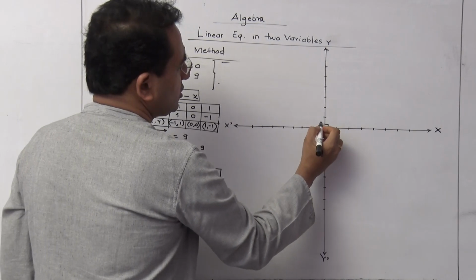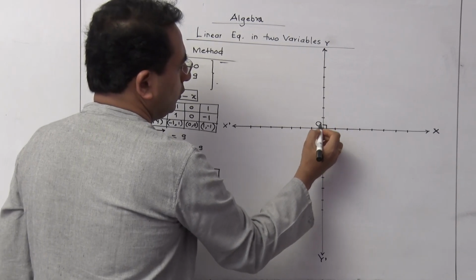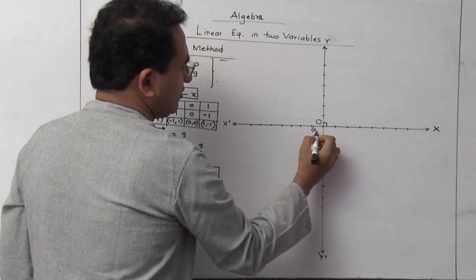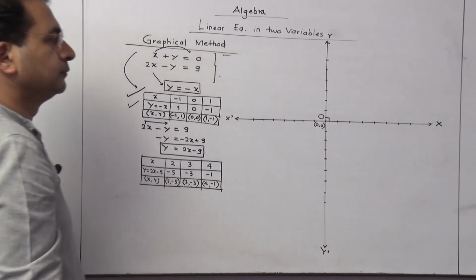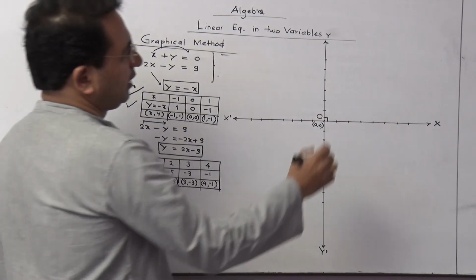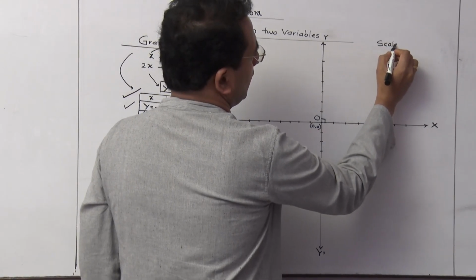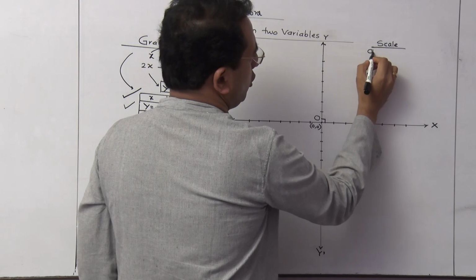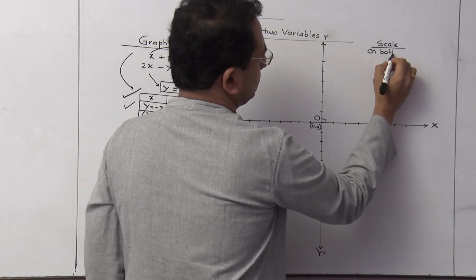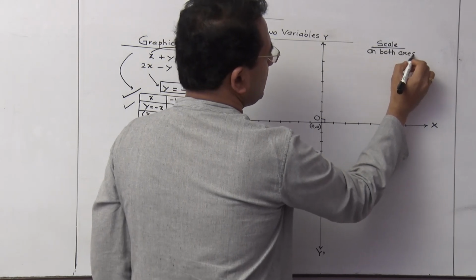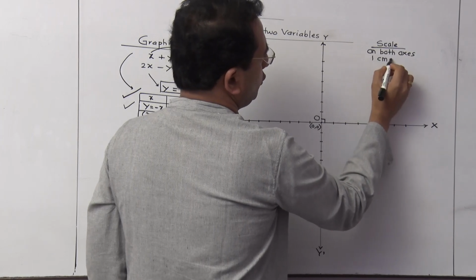That point is known as origin, that is O, and the coordinates are 0, 0. Correct? Then we are writing scale here on the right side top. And scale is always on both axes. 1 centimeter is equal to 1 unit.